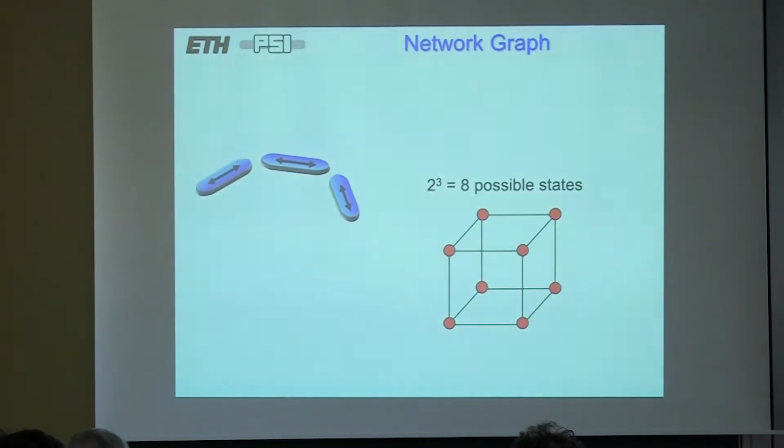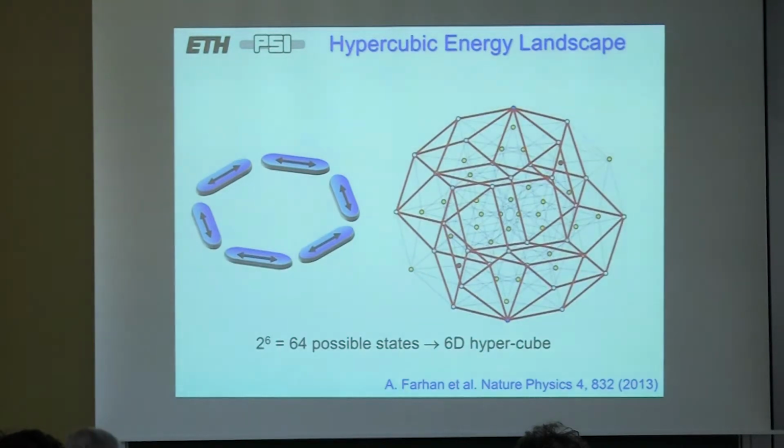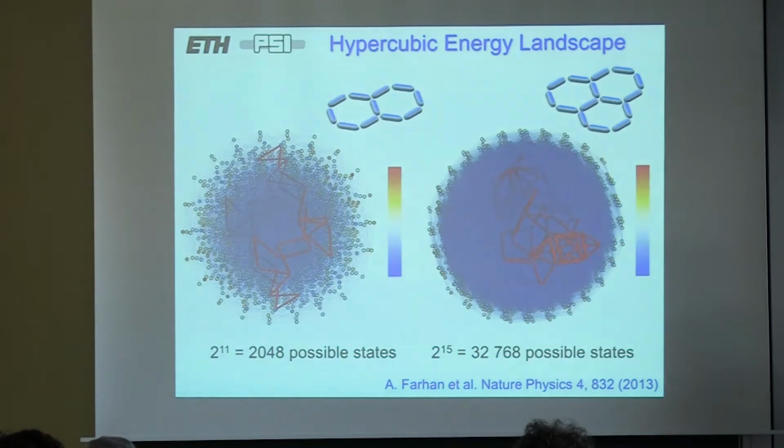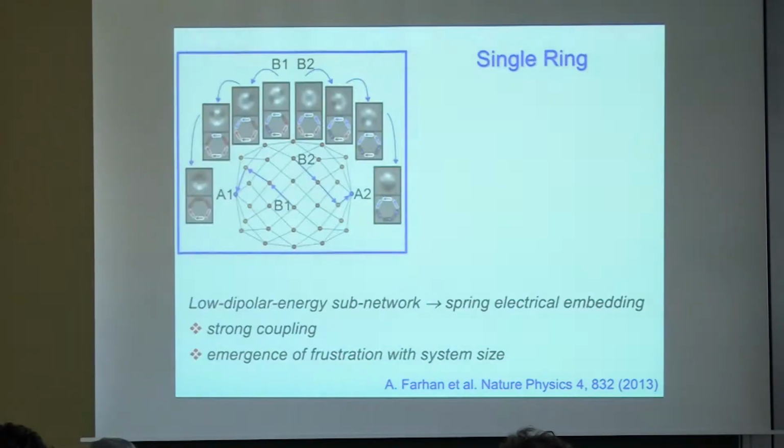If I add another magnet, then I get 2 to the 3, 8 possible states, so I have a cube. And I can go on to 6 magnets, so I have now 64 possible states, and this is referred to as a 6-dimensional hypercube. And if I go to 2 rings, I'll have more than 2,000 possible states. And if I have 3 rings, then I have almost 33,000 possible states. So I have a sufficient number of states even in a 3-ring structure.